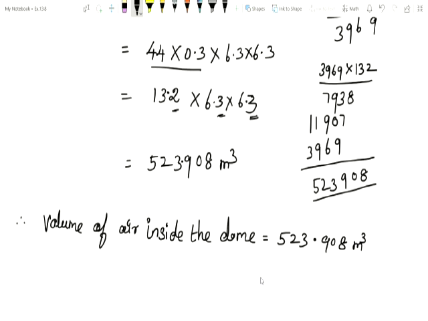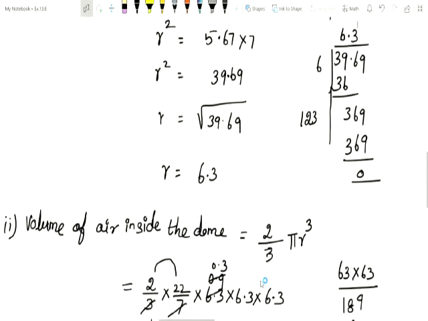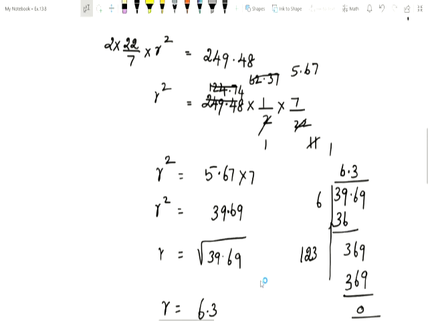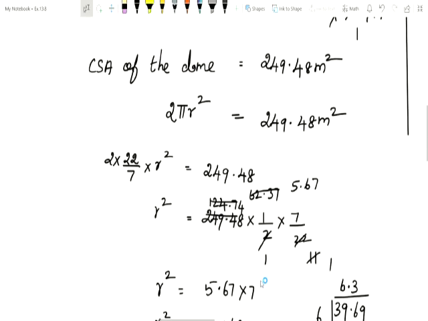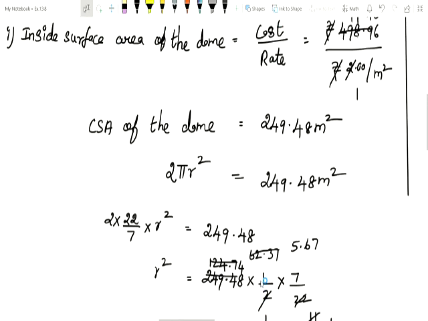So in this question, the total cost and cost per square meter is given. So first we found the inner surface area. Inner surface area of the dome equal to cost by rate. While dividing this number, what you are getting? 249.48 meter square. This is represent CSA of your dome. Okay, dome is in the shape of hemisphere.